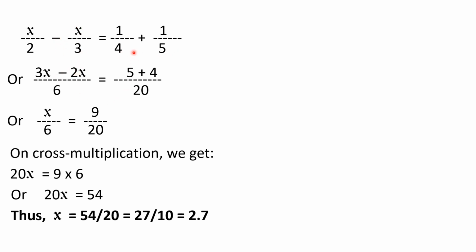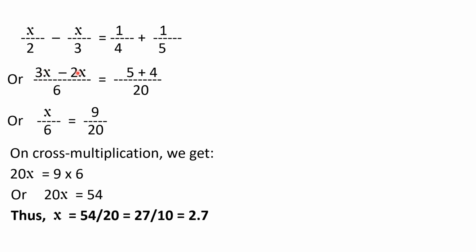Here again 4 and 5, LCM is 20. So we write here 20 as the common denominator. When you divide 20 by 4, you get 5, so 5 into 1 is 5. Then again you divide 20 by 5, you get 4, so 4 into 1 is 4.